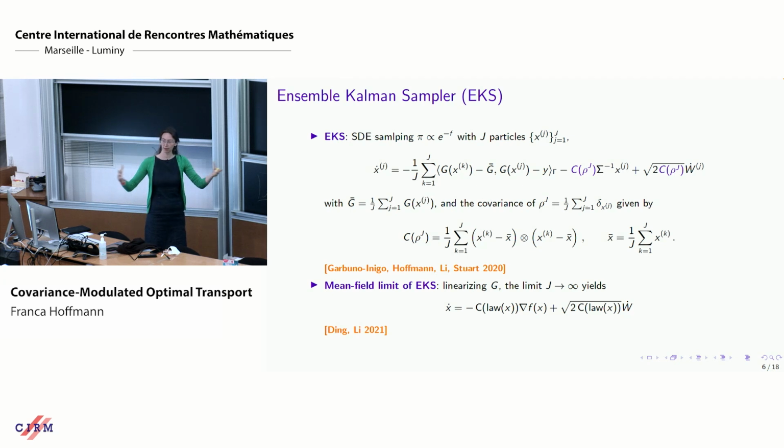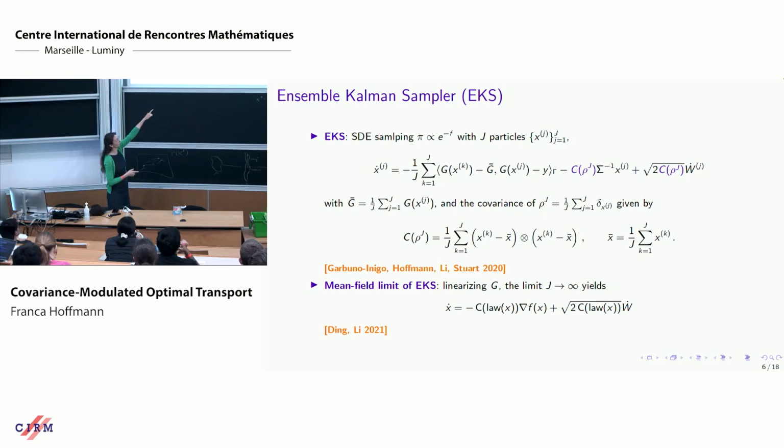So it's making particles collapse. And then you have the g of xj minus y. So this is driving the particle xj to actually solve the inverse problem. If g of xj is equal to y, then already your xj is at the good place in order to solve the inverse problem.